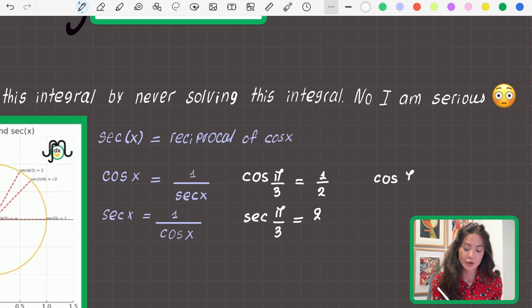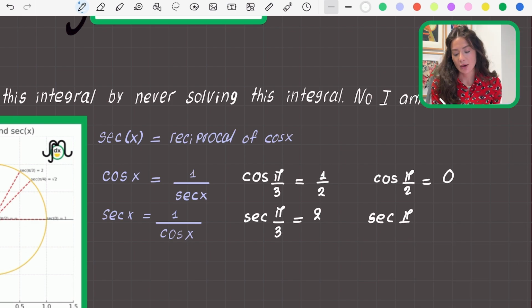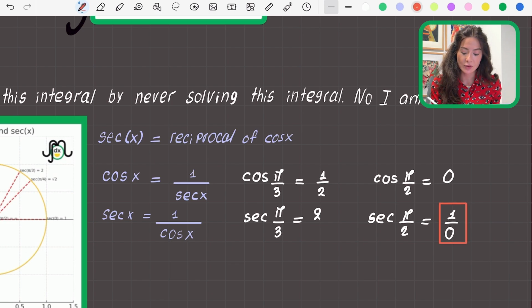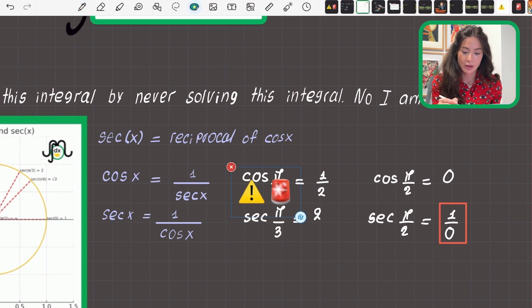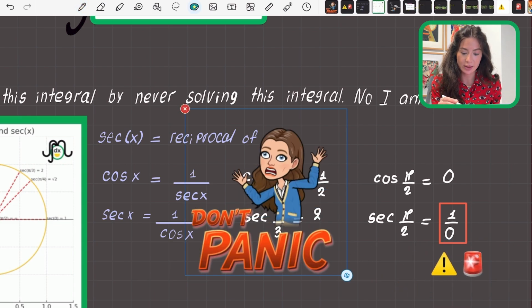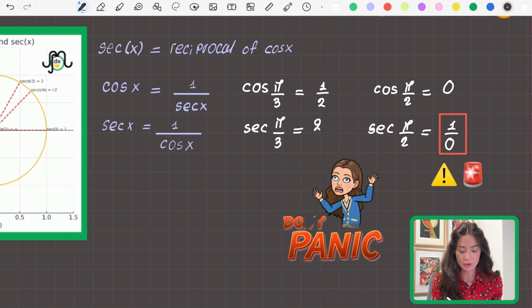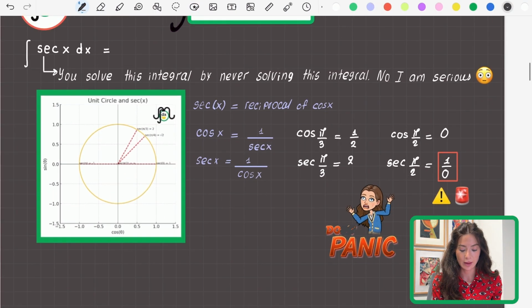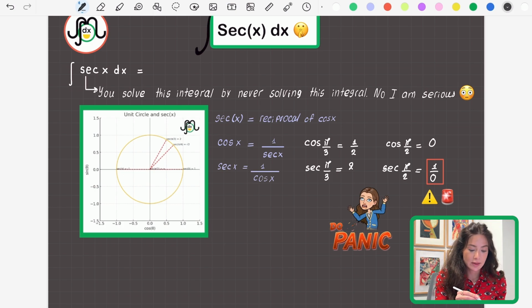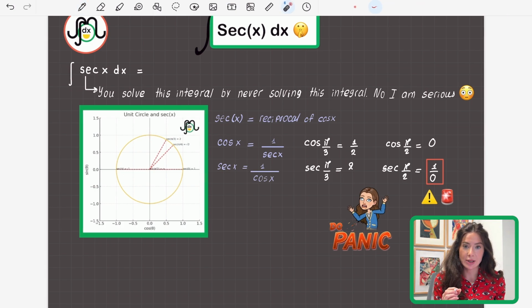However, cosine of pi over 2, 90 degrees, is 0. The reciprocal of that is 1 over 0. And in mathematics, all your alarms should go off at this point, because you know that you can't divide by zero. So this function blows up at pi over 2, and it becomes undefined.